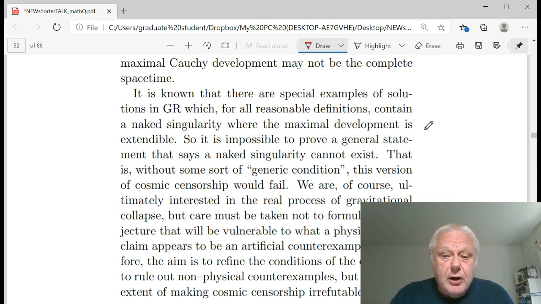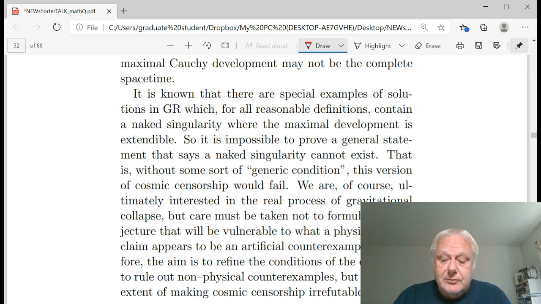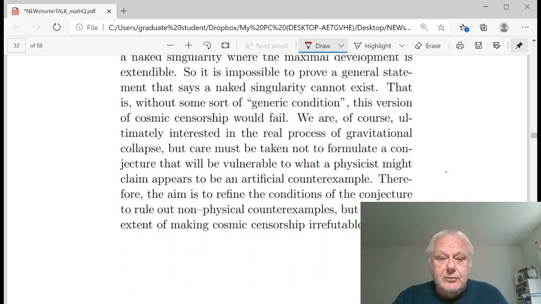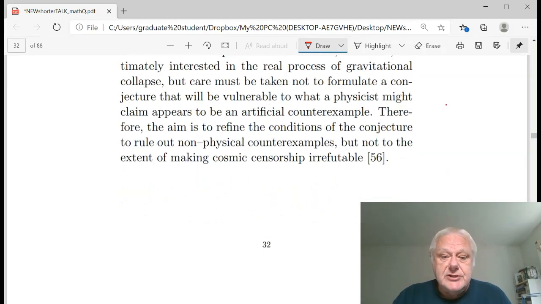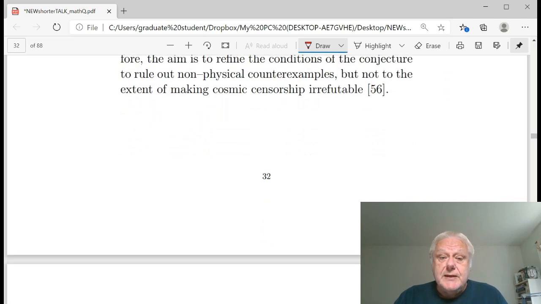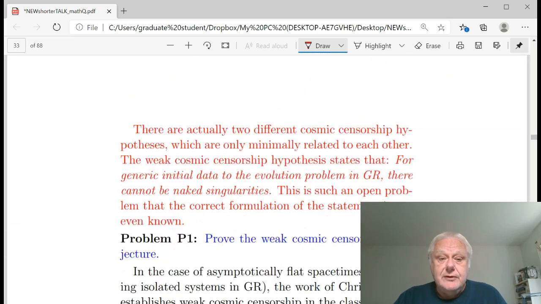So the problem is you can't prove a result that says there are no singularities that are not shielded by a horizon, because there are known examples. So we have to prove a theorem that says in general there are no destructive examples, which makes the conjecture harder to prove.